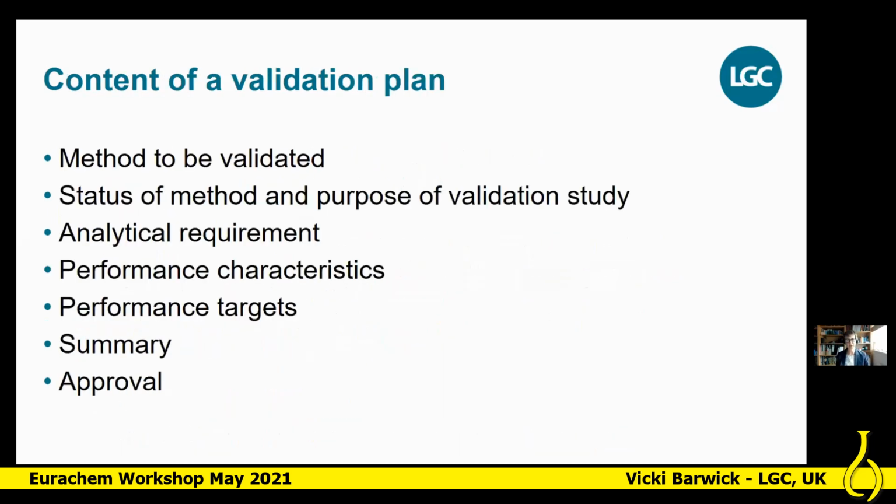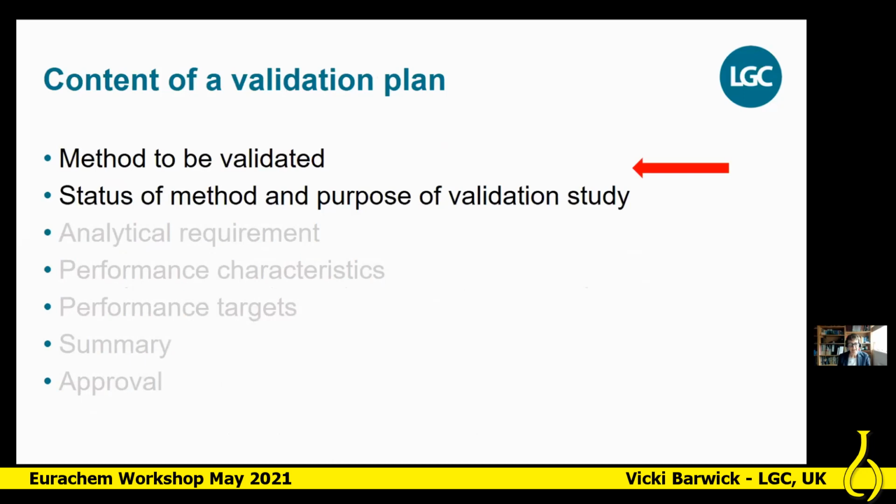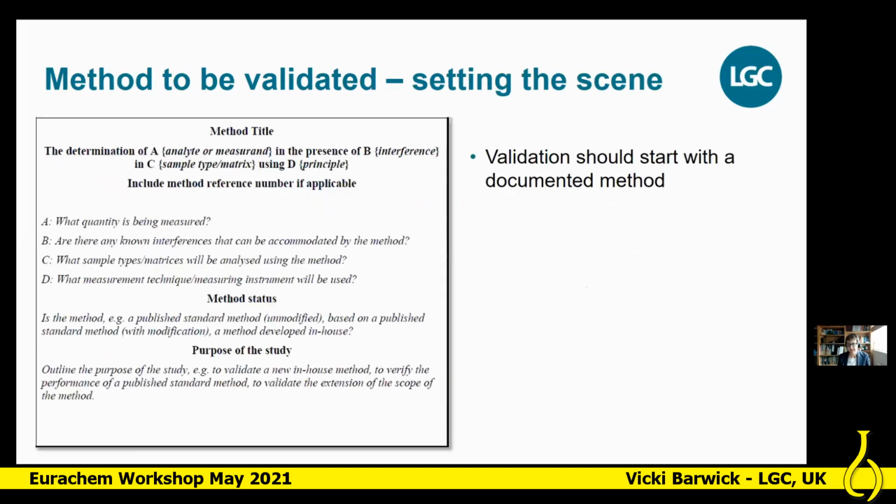So I'm just going to have a look at what might go into a validation plan. So we need to start by being clear about what it is we're validating and why we're carrying out the particular study. So really the validation should always start with a documented measurement procedure.